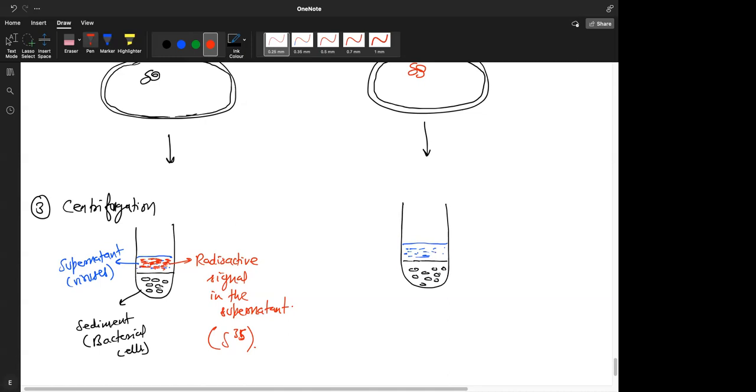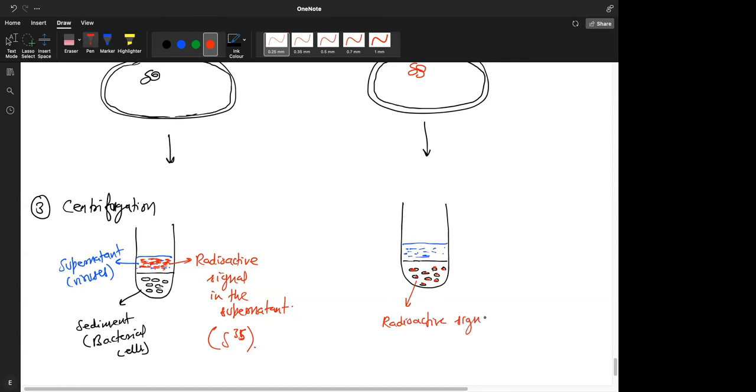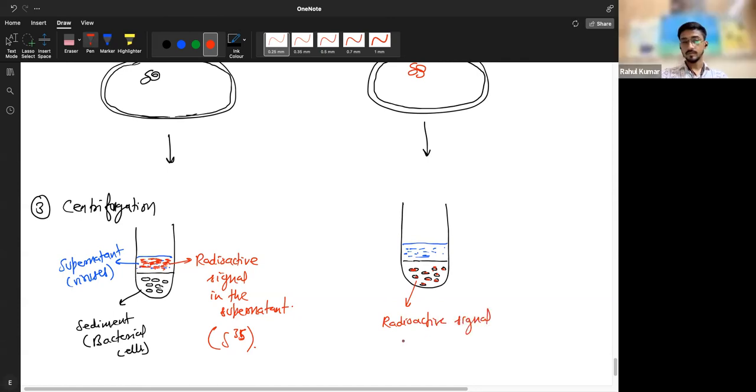DNA. So where will you find the radioactivity signal? In the cells. Right? Yes or no? Yes. So the radioactive signal will come from the bacterial cells.